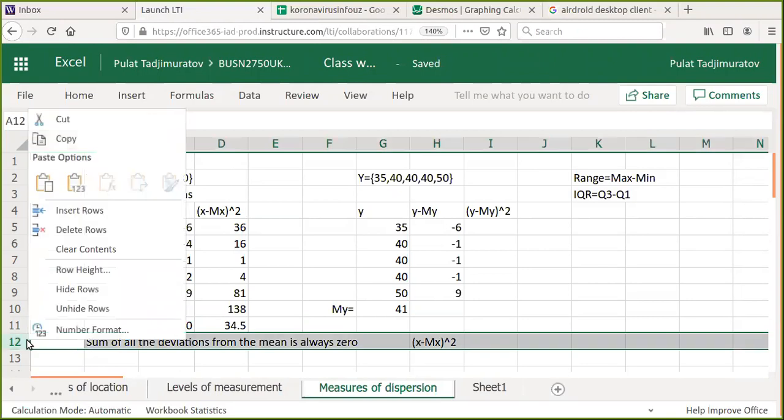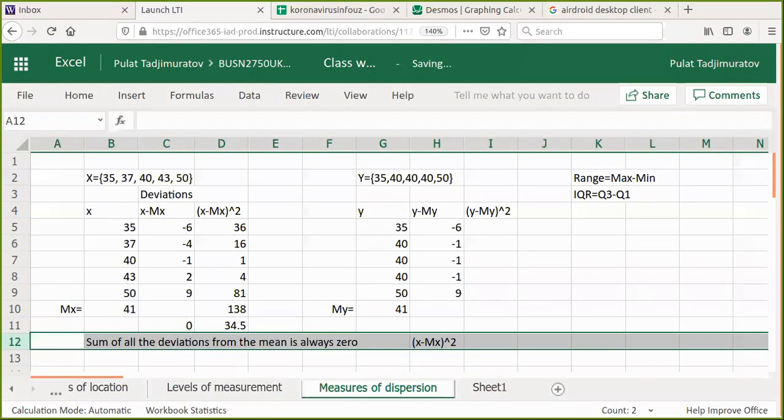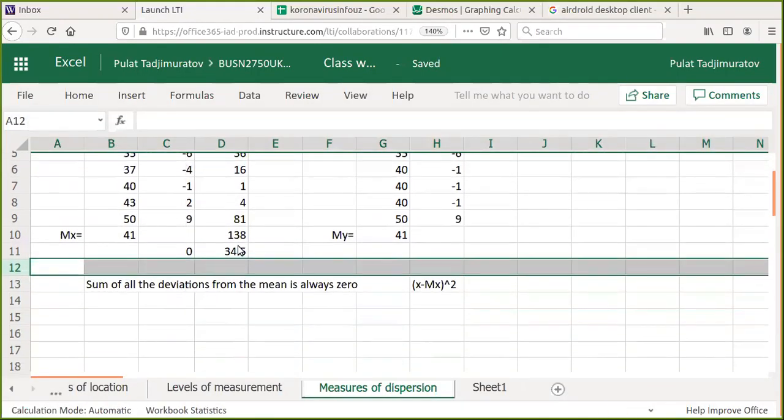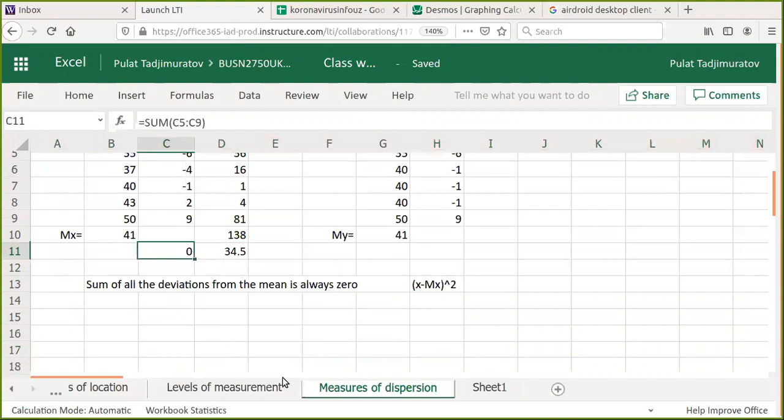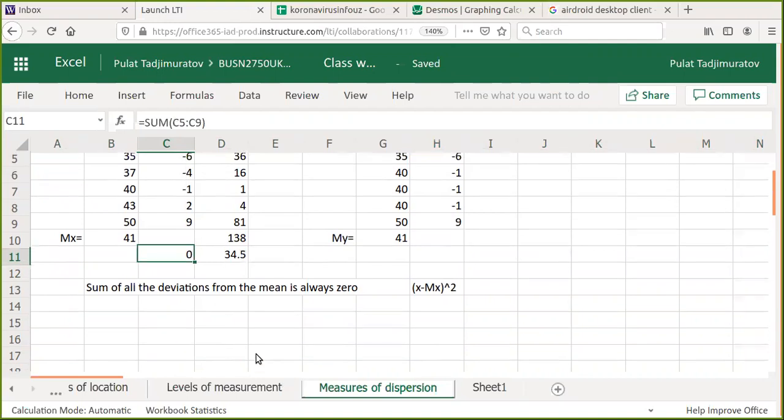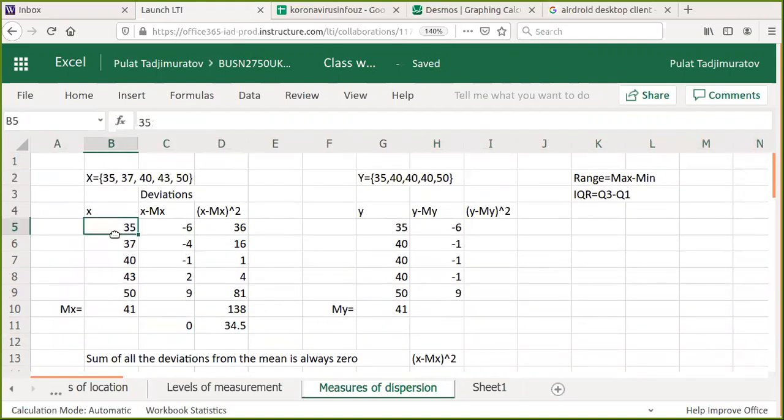Let me add a row. So why 4? Why not 5? We have 5 numbers, 5 entries. So we have 5 deviations and 5 squares, but we are dividing by 4 for some reason. Well, here is the reason for that.